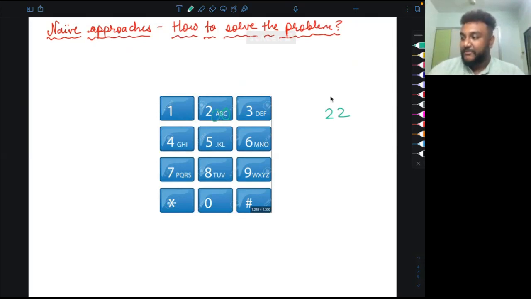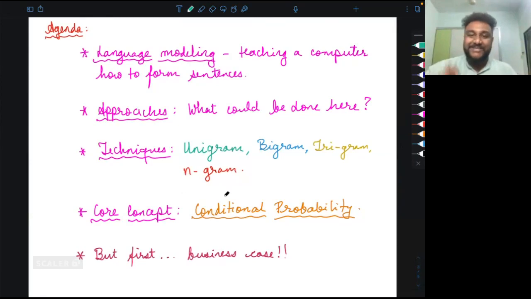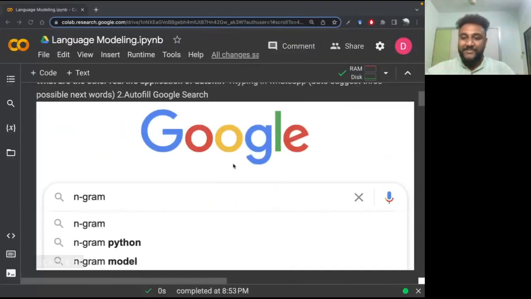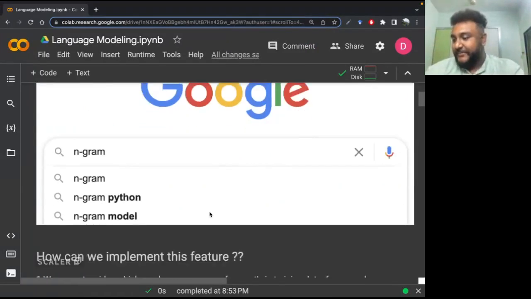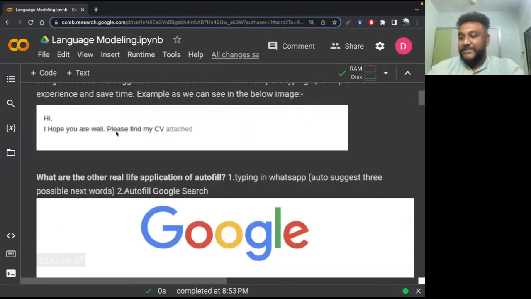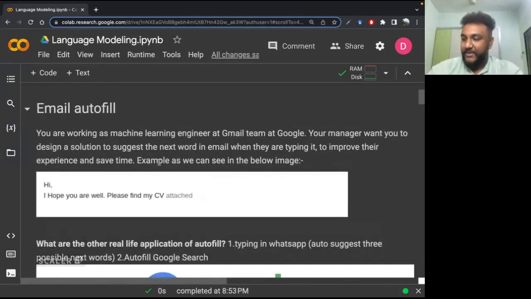So I want this mobile to take up C and A, and that essentially helps me predict what it is that I'm trying to type. In fact, the method that was used to design this is exactly what we're going to be studying in detail today. So just a little bit of a side problem. T9 prediction also used the methods that we're going to be discussing today, and essentially this is going to be the business case.